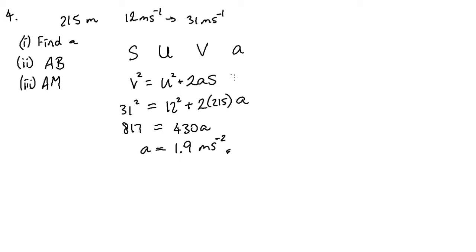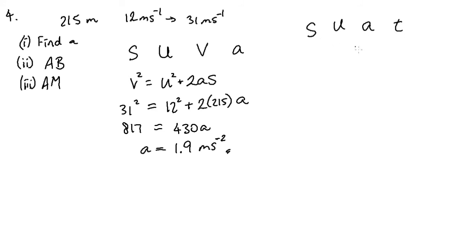Actually, no, you have to use A, I guess. So let's find AB. We know for AB we have s, and that's just 215. We have u, and we have the acceleration a, and we want to find t.